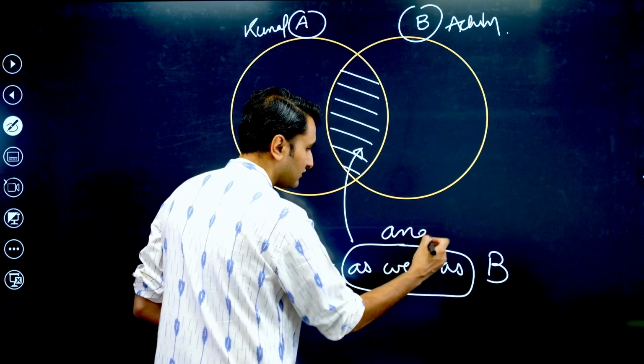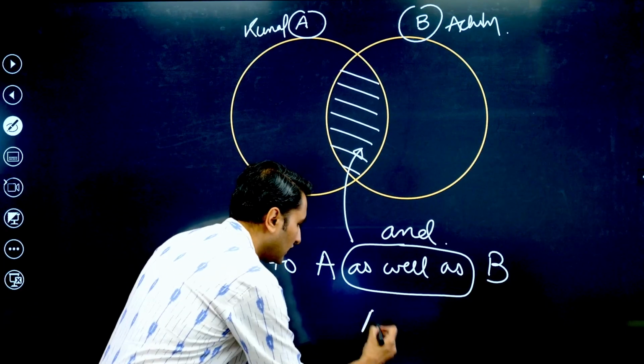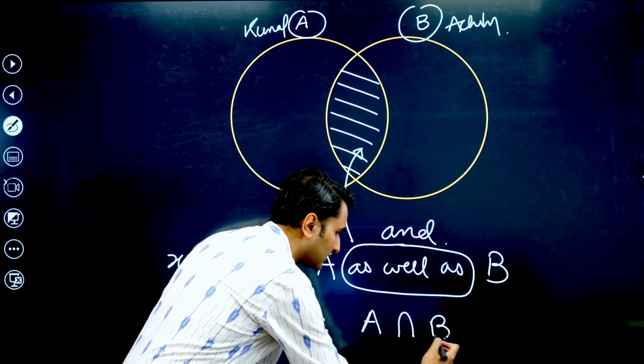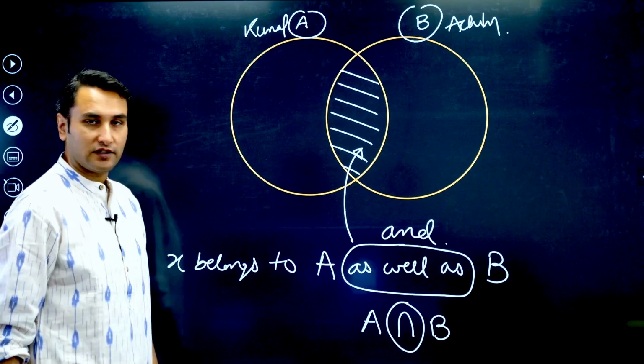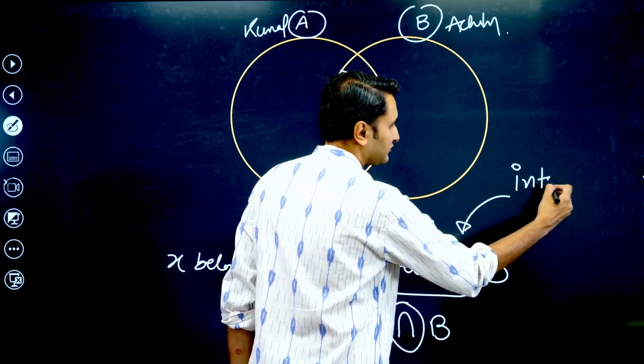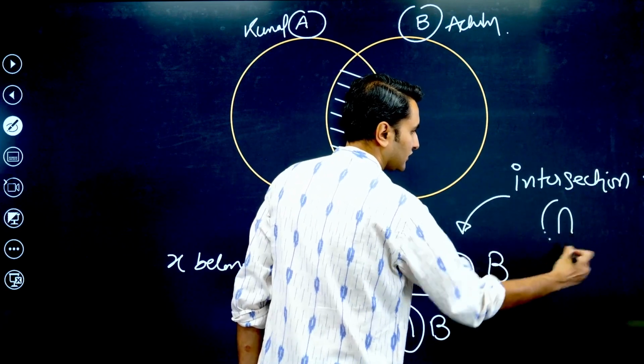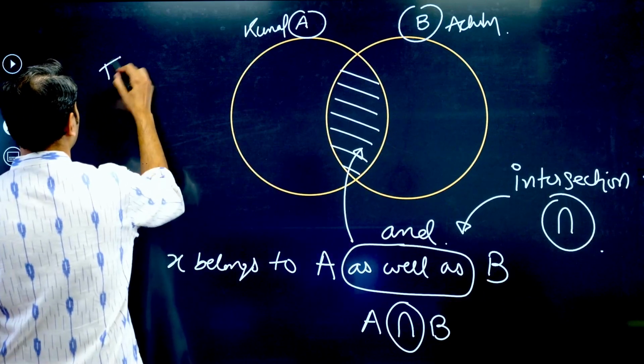So x belongs to A and B, and the symbol is intersection. This symbol means intersection. Right? So this is intersection.